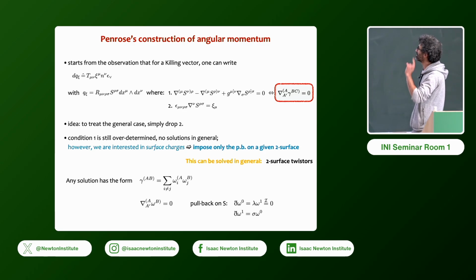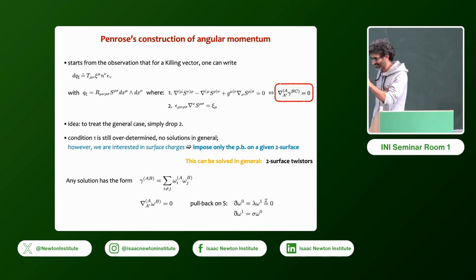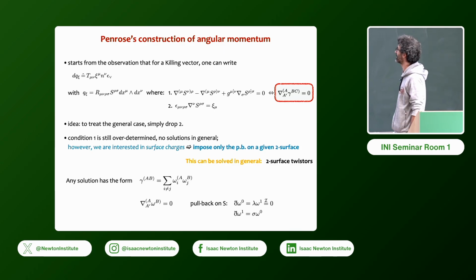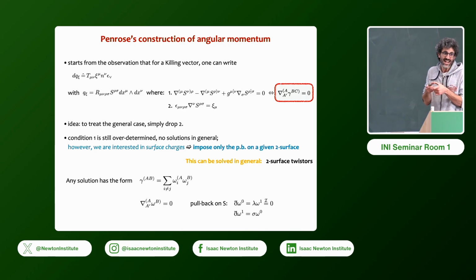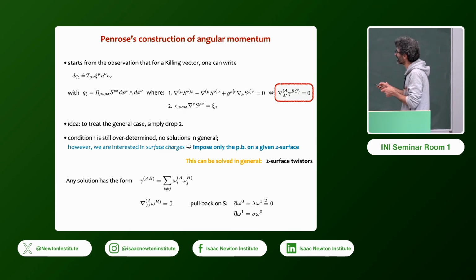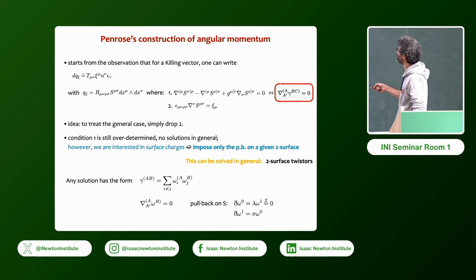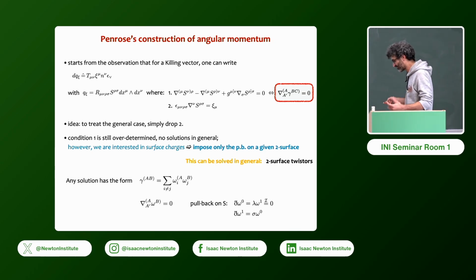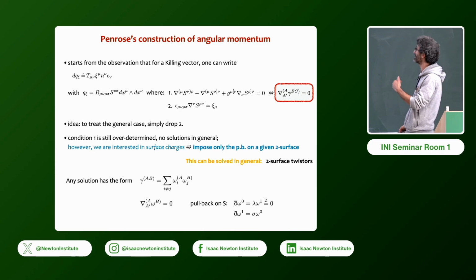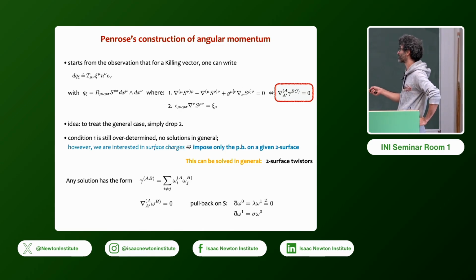But the next brilliant idea was, why do I need to solve it as a tensorial equation in an arbitrary spacetime? After all, I'm only interested in surface charges, so I'm only interested in solving its pullback on some two-surface. This was the second brilliant idea: let me impose this equation only on a given two-surface. And then it turns out that you can find solutions on this surface. In fact, you can even find the most general solution, and this is what he called two-surface twistors.